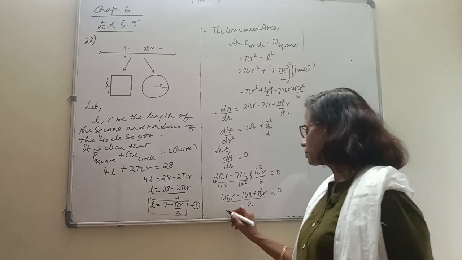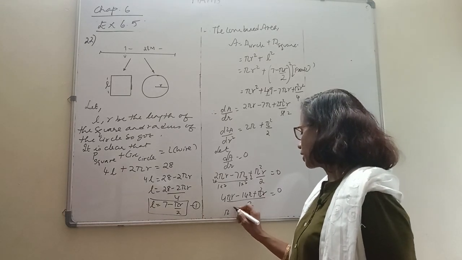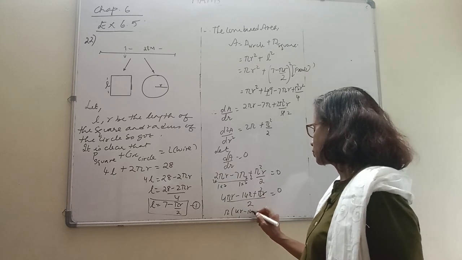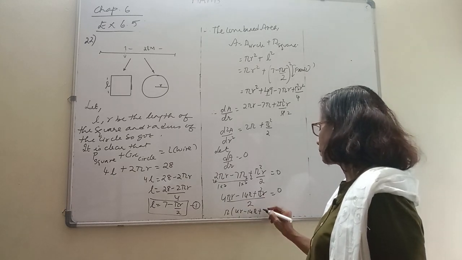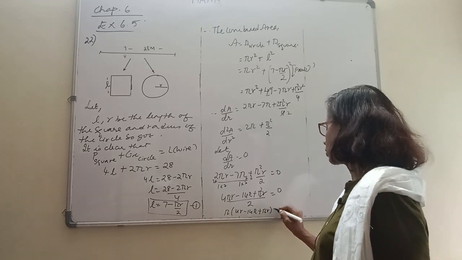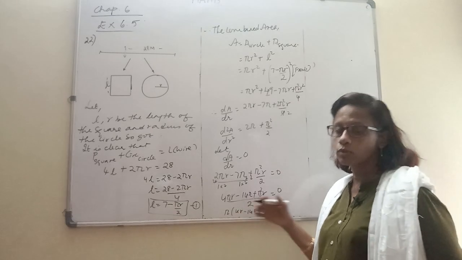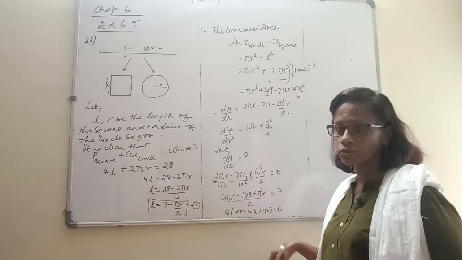And we also see that there is a pi common. So let's take the pi out also. So here you are left with 4r, minus 14 pi, and pi r. When we take the pi common, 2 has already gone. So this 0 pi can go next. In the next step, you can divide throughout by pi.